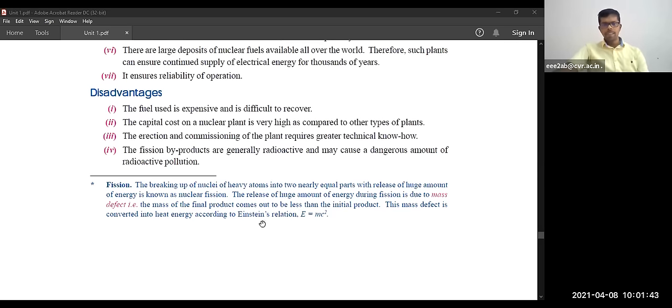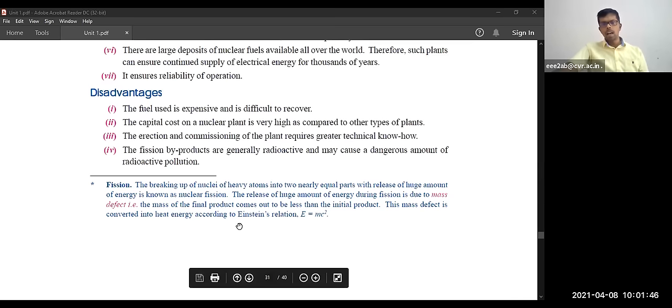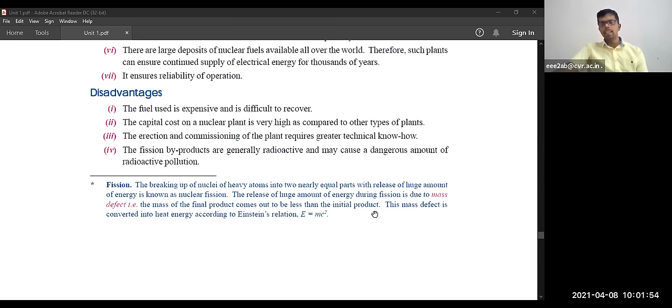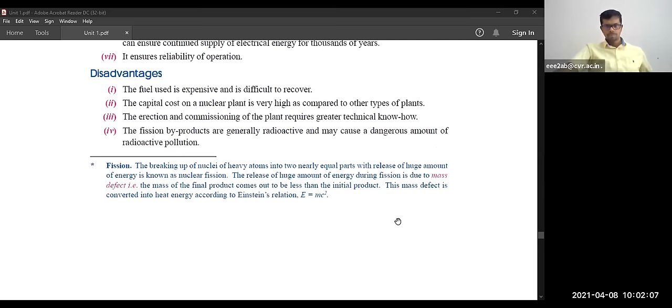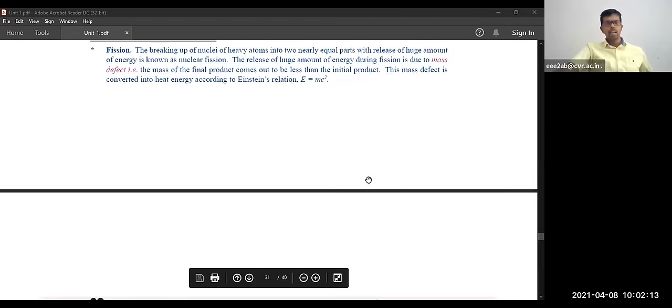So the mass defect is converted into heat energy according to Einstein's relation. If heat energy is produced, we can easily utilize that heat energy for boiling water. After boiling the water, next we can produce steam, superheated steam. Then we can produce power. That is according to Einstein's relation, E equals mc square.